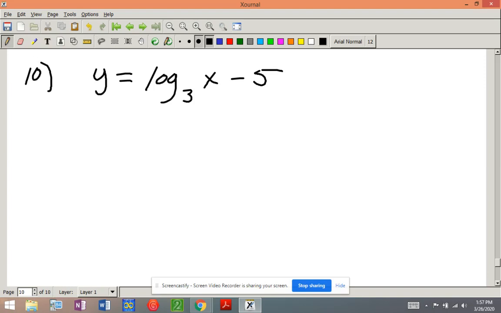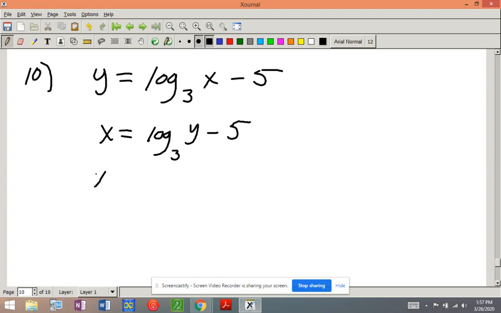Okay, so to find the inverse, remember we had this 4-step process, but really now it's a 2-step process because we don't have this in terms of f of x. So the 2-step process is simply to switch the x and y. So this will be x equals log base 3 of y minus 5, and then solve for y. The way we did that was we first added 5 to both sides.